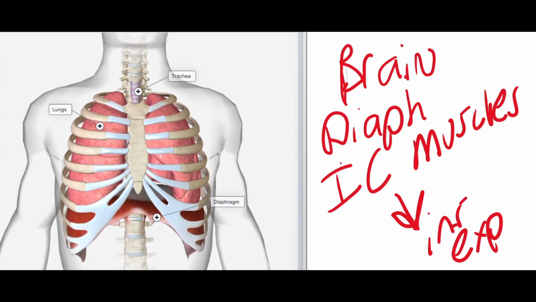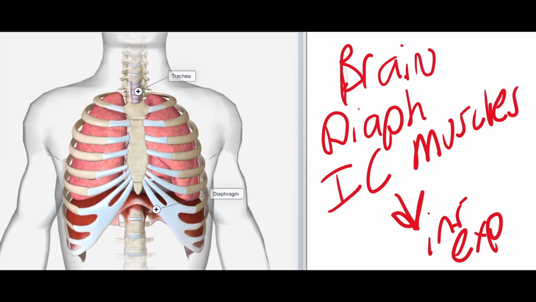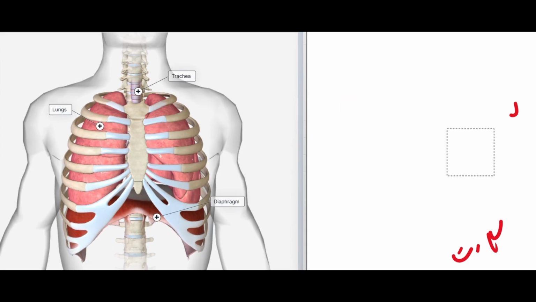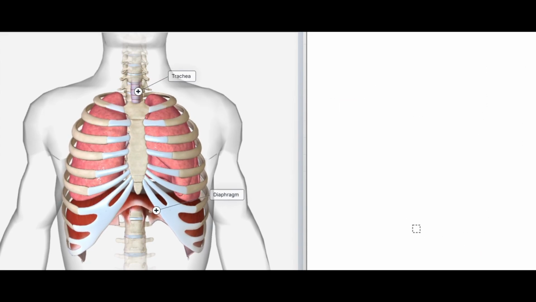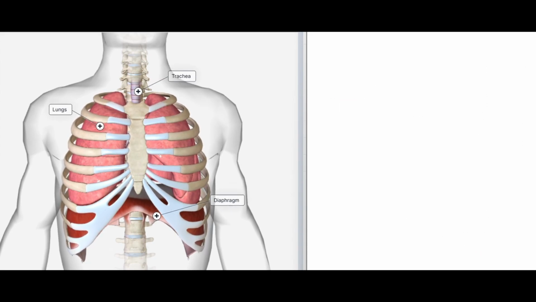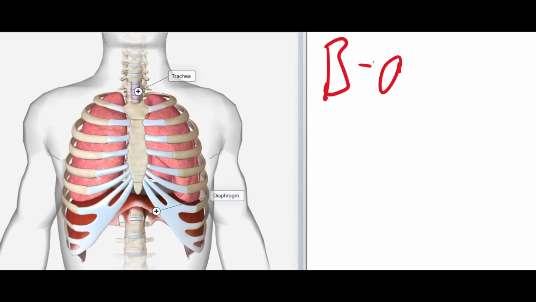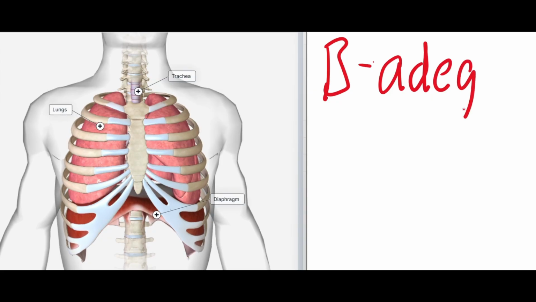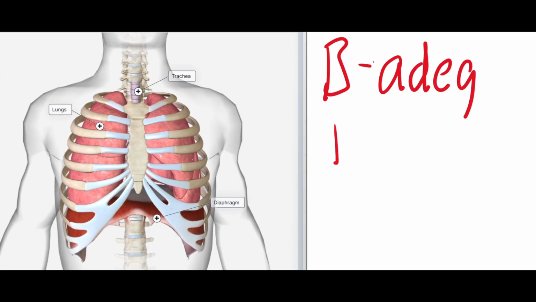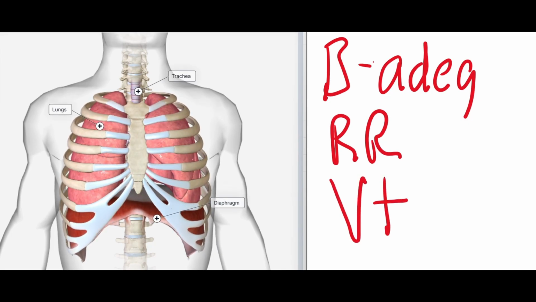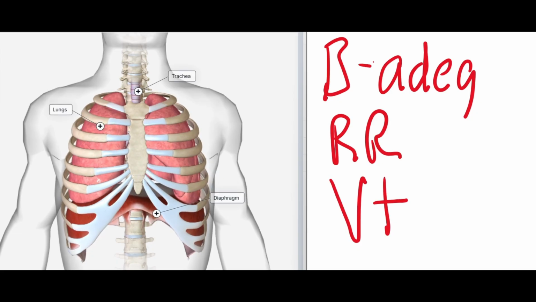And remember, in terms of adequate versus inadequate, we need to look through that lens of two different things. In order to say that our breathing is adequate, we must have a good respiratory rate and good tidal volume, or the amount of air coming in.